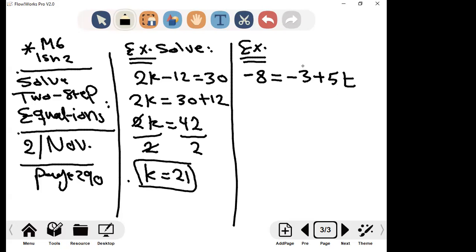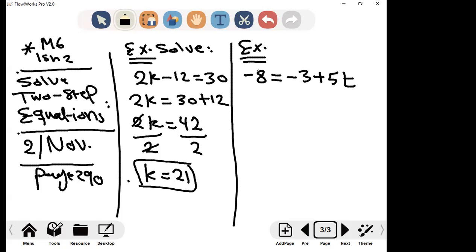The constant number is negative 3, and the coefficient is 5, not 5t. The coefficient is the number which is multiplied by the variable, not the variable, okay?